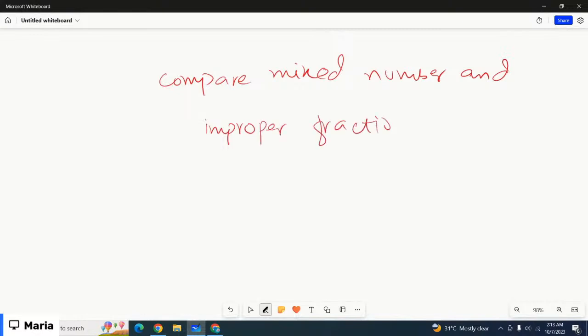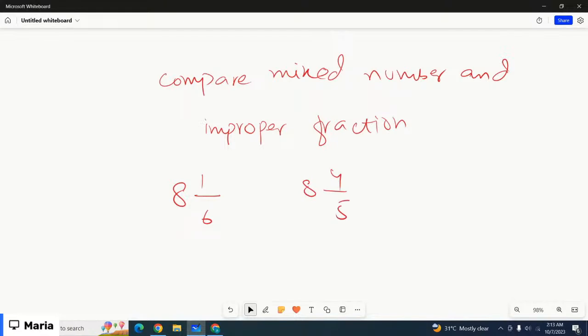So let's start with an example to see how we compare mixed numbers and improper fractions, right? Okay, for example, you are given two numbers: 8 whole 1 over 6 and 8 whole 4 over 5, right?